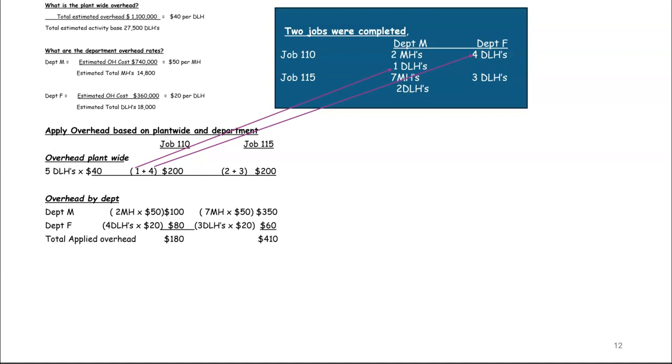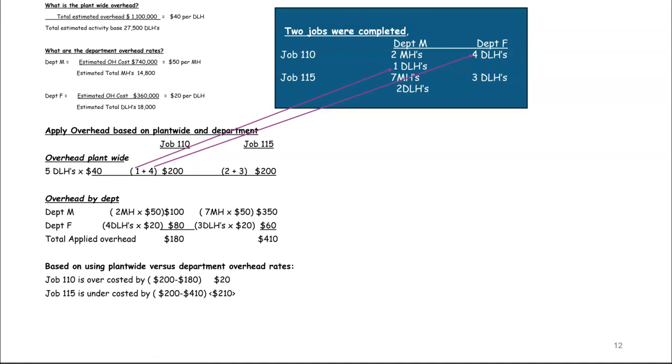So, if we believe that the overhead by department is a more accurate reflection of applying overhead, what would end up happening is job 110 would be overcosted by $20 if we use plant-wide, and job 115 would be undercosted by $210 if we used plant-wide.